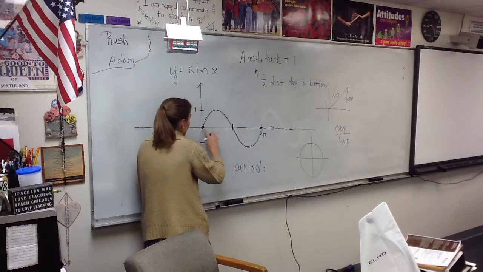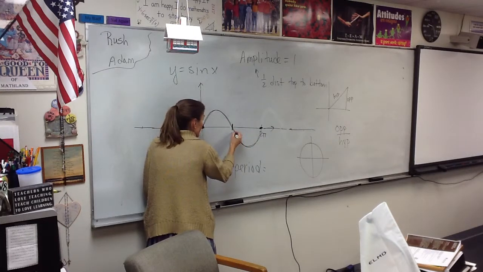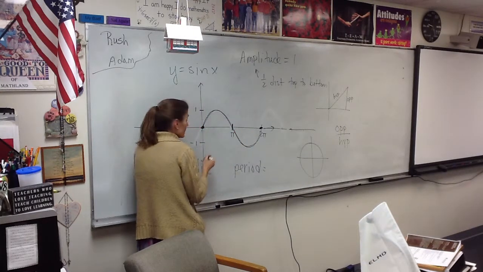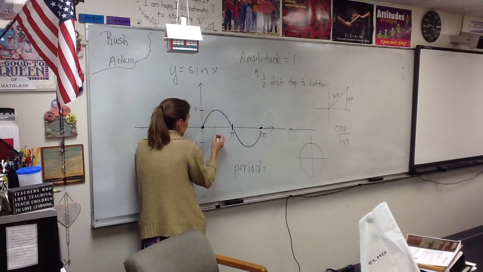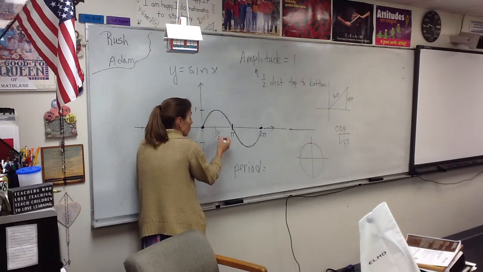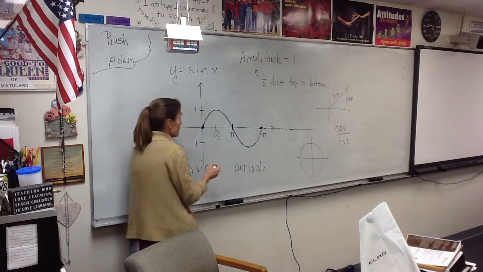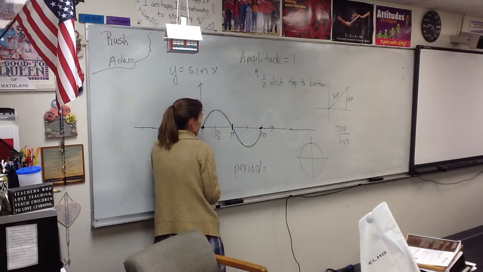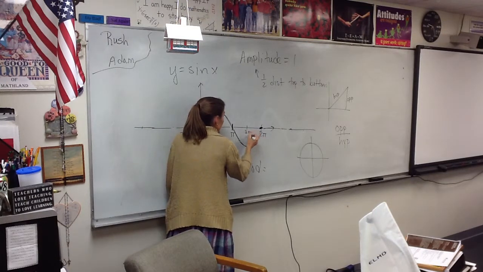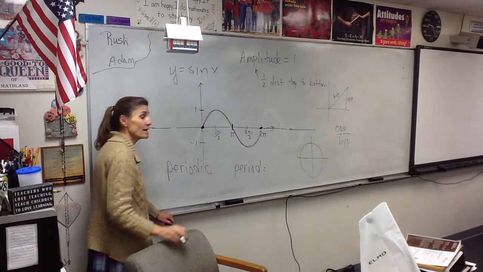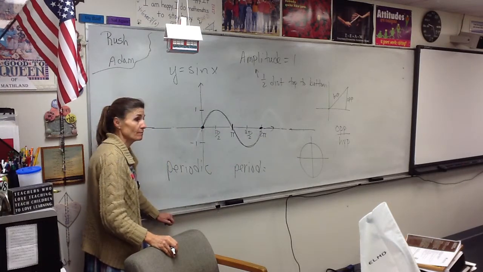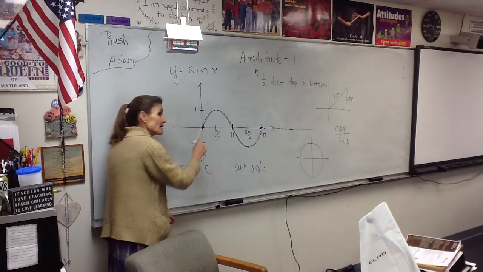Everything here is symmetric, so this label would be 1 pi. And what would this label be? Pi over 2 or 1/2 pi? And what would this label be? 3 pi over 2 or 3/2 pi? 1.5 pi, however you want to write it. That's what your sine curve looks like.